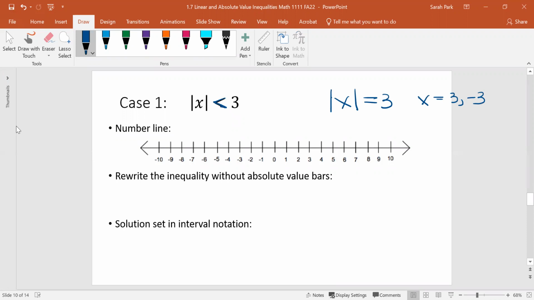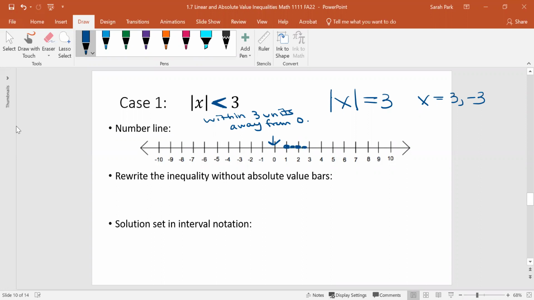In this case, we have less than. What this means is all numbers that are within 3 units away from 0, not including 3. So if you think about that, 1 is within 3 units away from 0. 0 is the center. 2 is also, 1.5, we could also have 2.5.